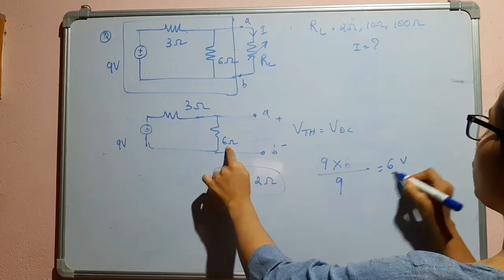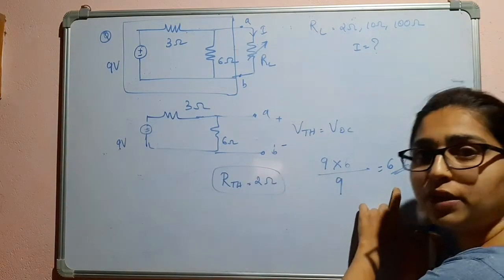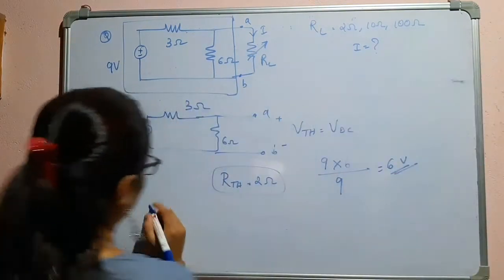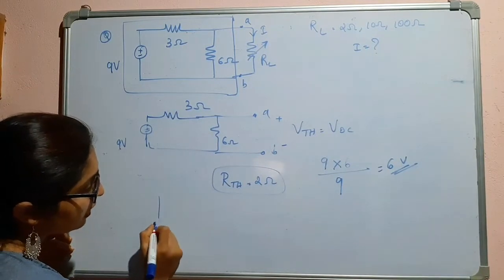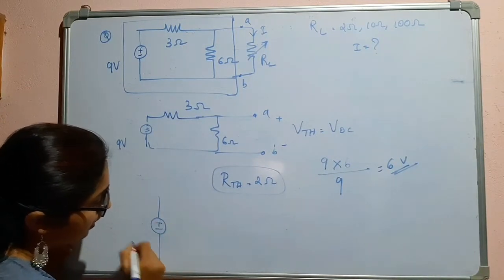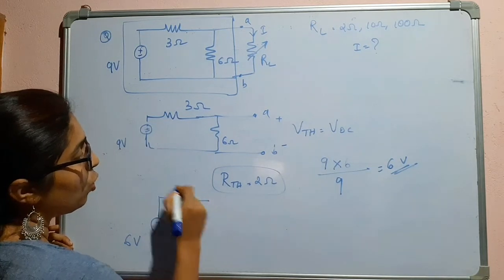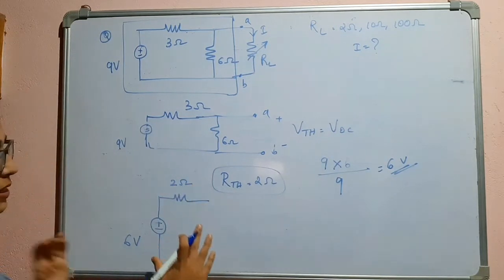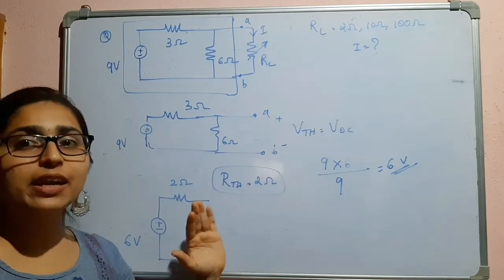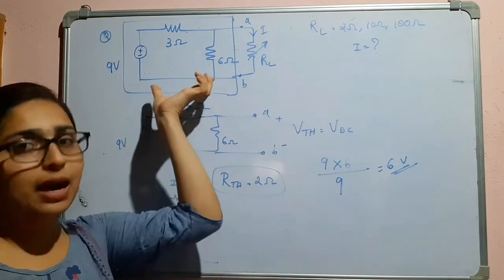So this is 6 volts, which is your VTH. Now I will draw the Thevenin's equivalent circuit. This is 6 volts and we have RTH as 2 ohm in series. This is the Thevenin's equivalent circuit for this part.